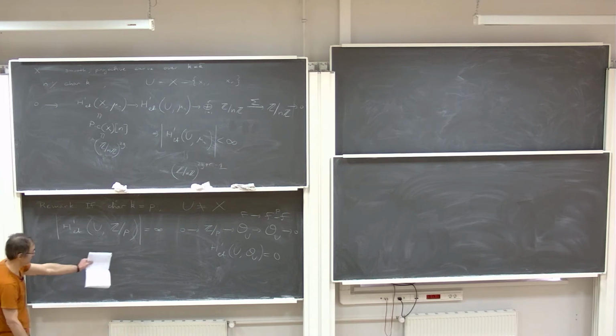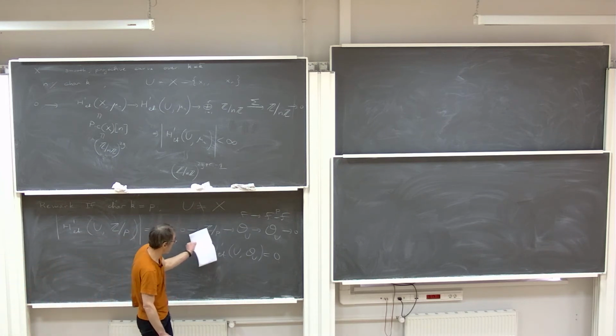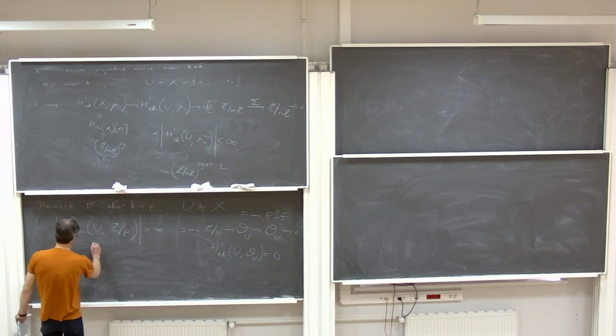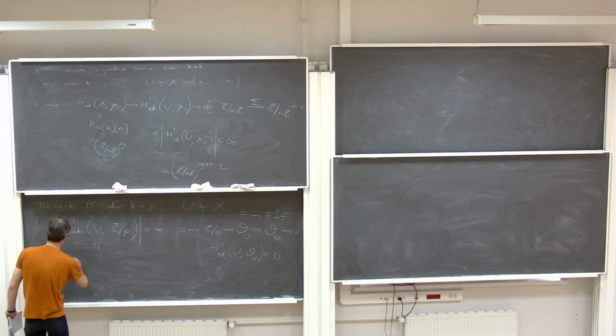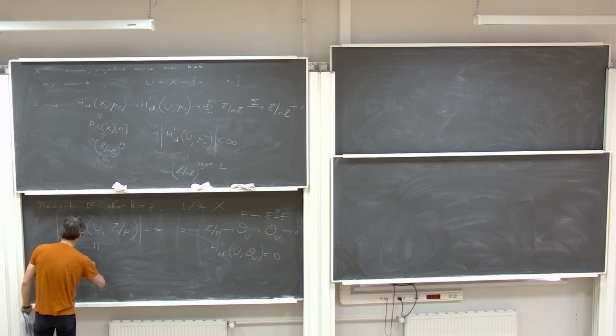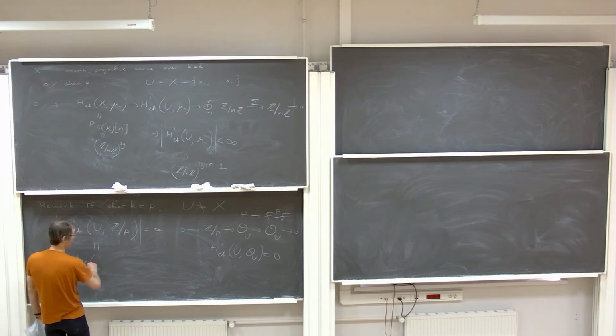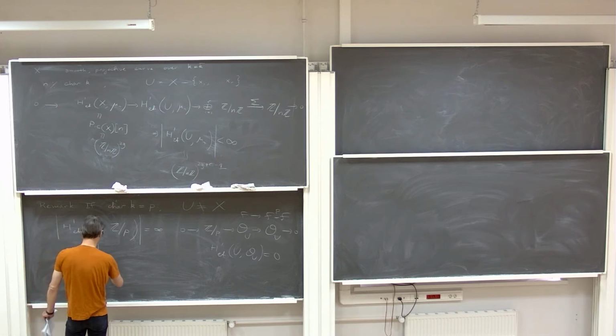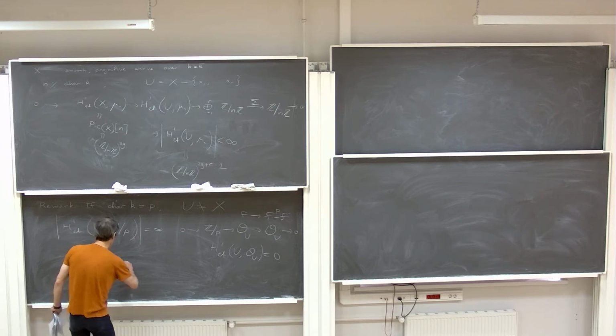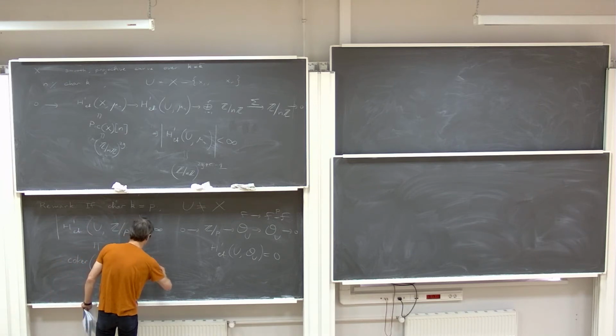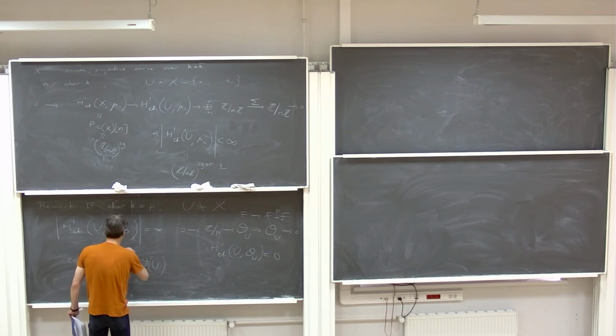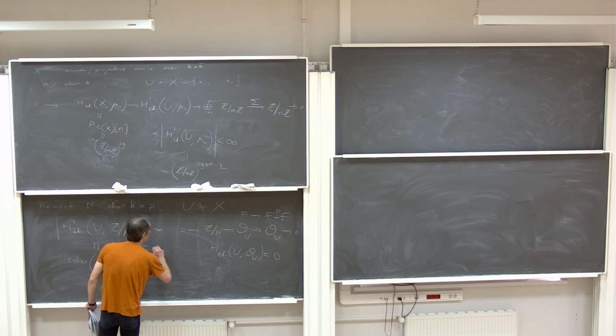And using this long exact sequence associated to this short exact sequence, you conclude that this is the cokernel of the map from functions on U to functions on U, sending a function f to f minus f to the pth power.